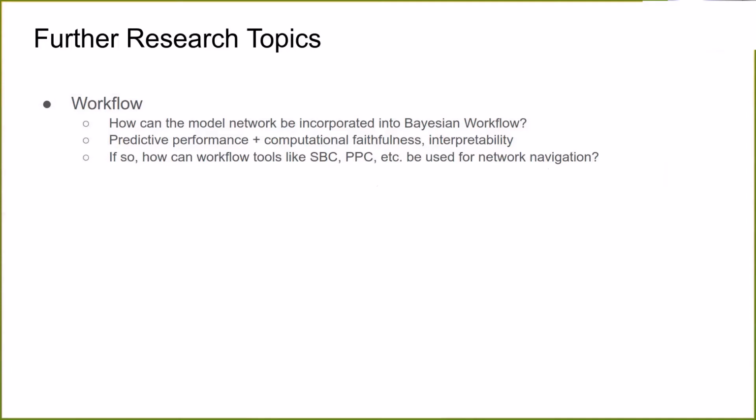We just use tools like simulation-based calibration and posterior predictive checks to qualitatively analyze whether the model is sufficiently satisfiable. So in this case, how can we use these tools that we frequently use in Bayesian workflow, bind them together to aid us in navigating through networks of models? That's a question that I'd like to know the answer to.